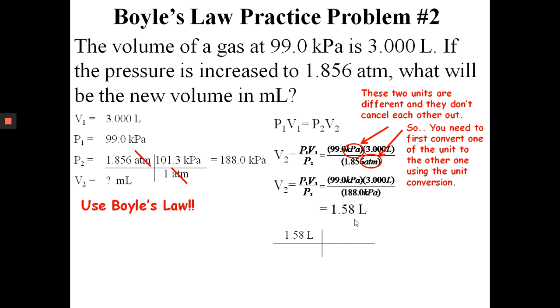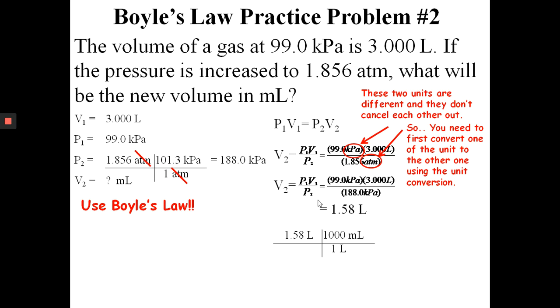However, this is not our final answer. That's because I'm asking for the new volume in milliliters. So I'm going to convert 1.58 liters into milliliters by doing another dimensional analysis for the unit conversion. So we are converting the liters into the milliliters. This can be done in two different ways, using dimensional analysis or using the metric system.